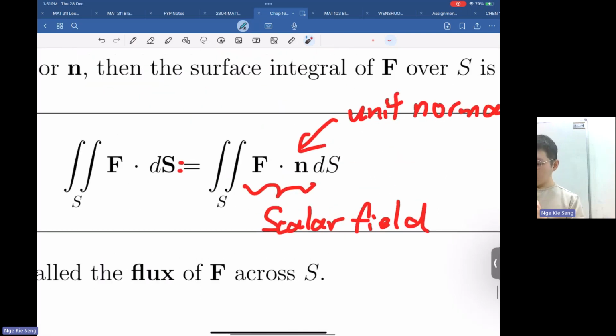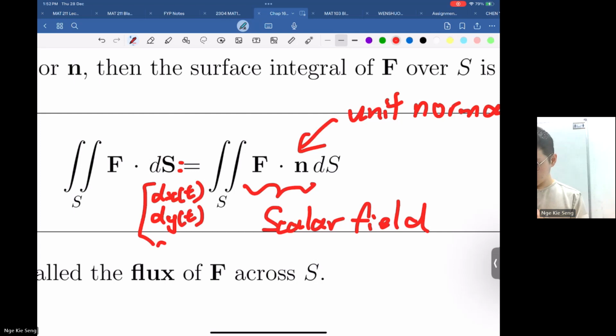What does this mean? Bold x here means the parametric equation. So it looks like this: x(t), dx(t), dy(t), dz(t). Change in x, change in y, change in z.